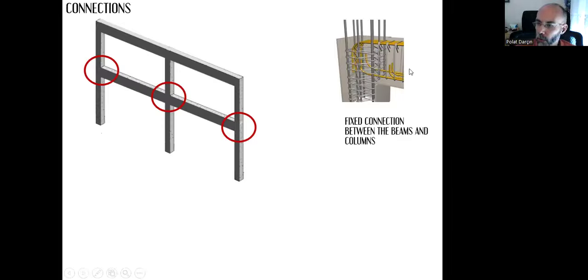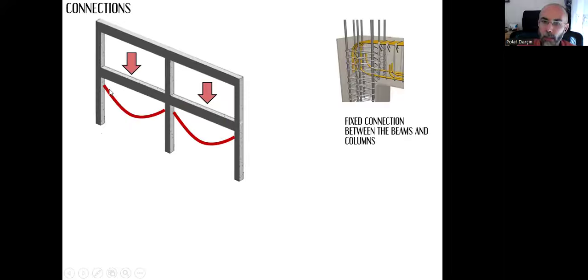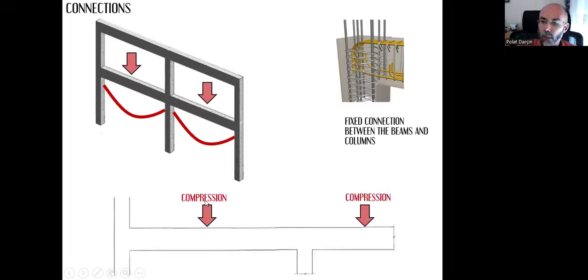When we pour the concrete, one object will be created here. There is no separation. When we apply the same loads from the floor, again, the middle part will bend downwards and we will experience compression in the upper side of the beam and tension in the lower side of the beam.